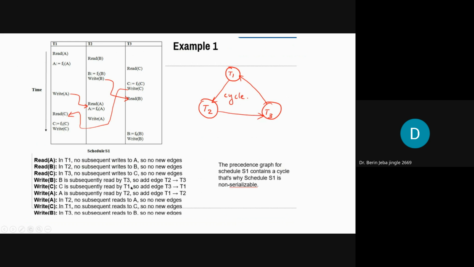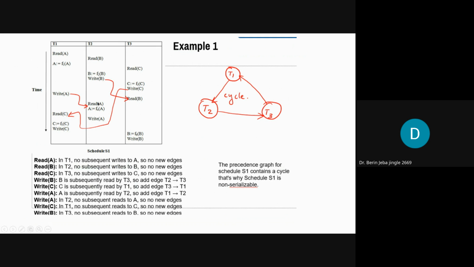So when we study this with an example, from this diagram itself you can know it is a non-serial schedule, because interleaved operations are allowed here.